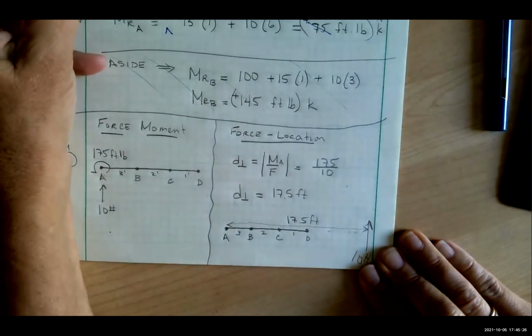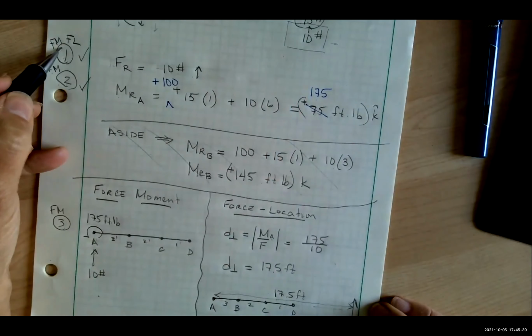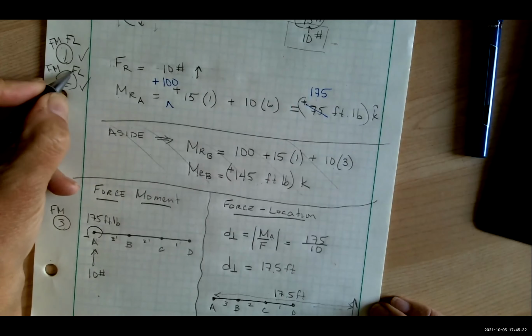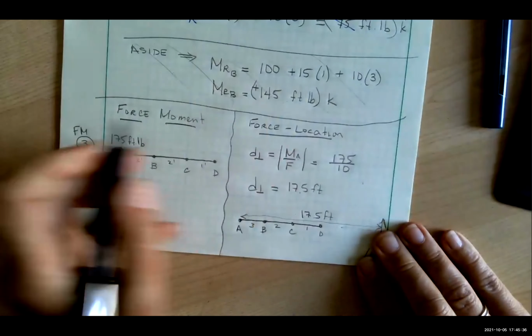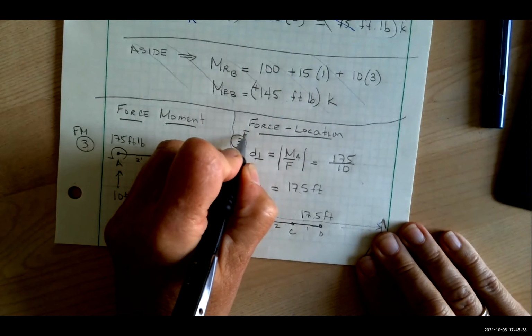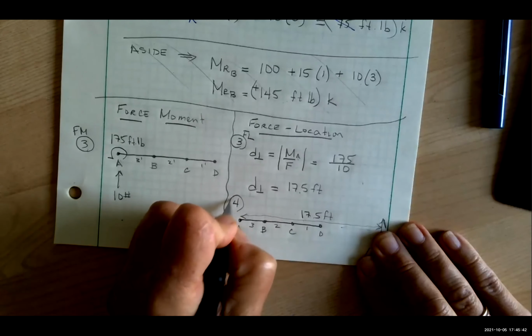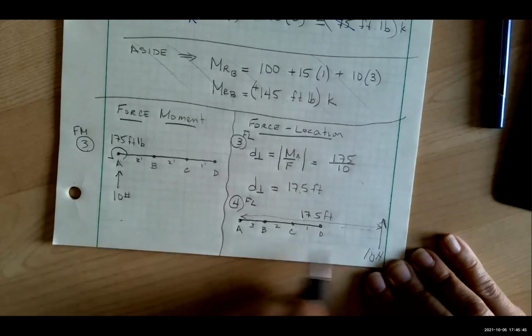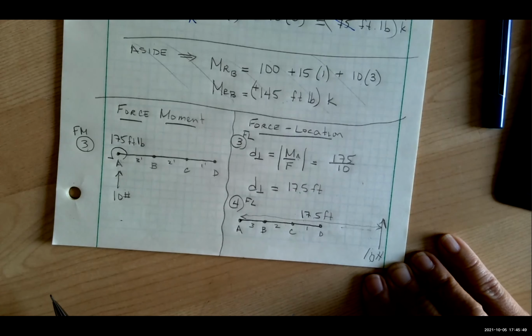For a force location problem, step 1 is to find the resultant force. Step 2 is find the resultant moment. Step 3 is find the perpendicular distance. And step 4 is draw the beam with the force at the distance.